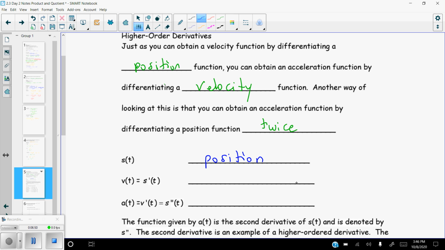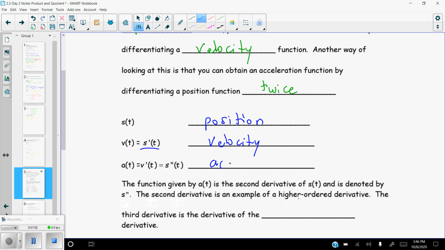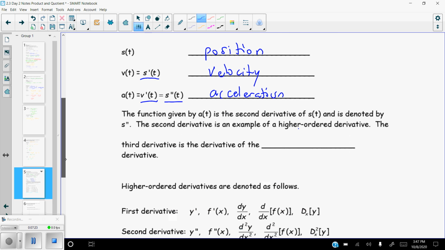V of t, which is your velocity, is the same thing as the derivative of S. And then A of t, which is the acceleration at time t, is the first derivative of velocity or the second derivative of position. They are the same thing. That's acceleration. A lot of people call this PVA, position, velocity, acceleration, because that's the order it goes in for derivatives, if that helps.